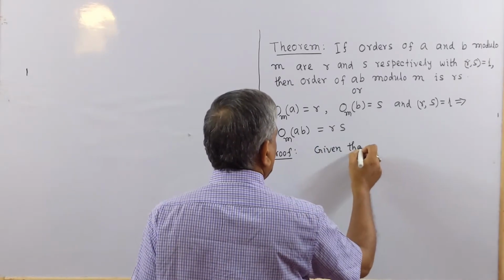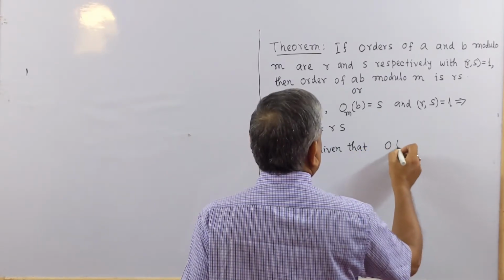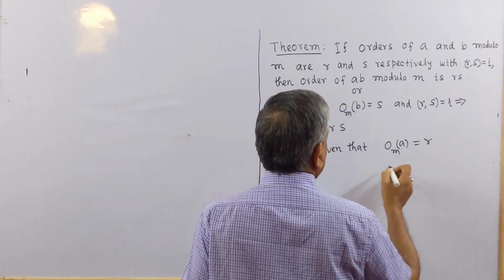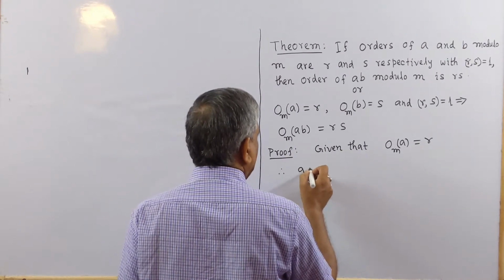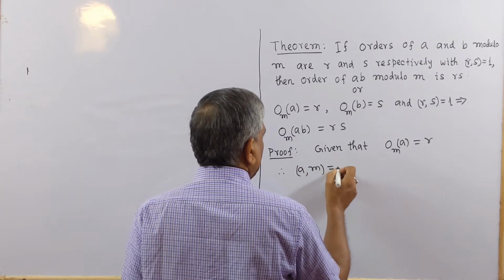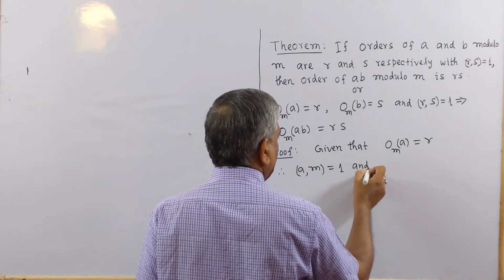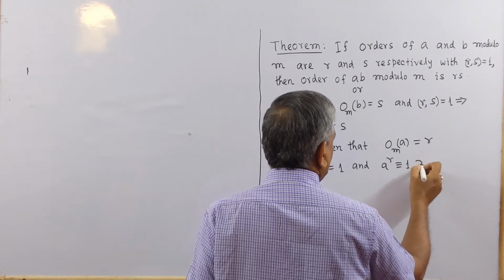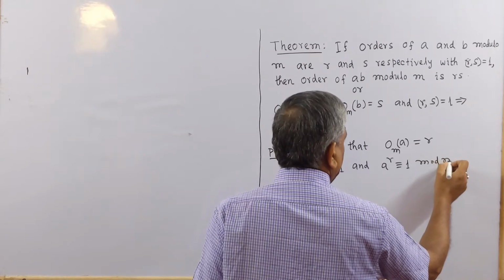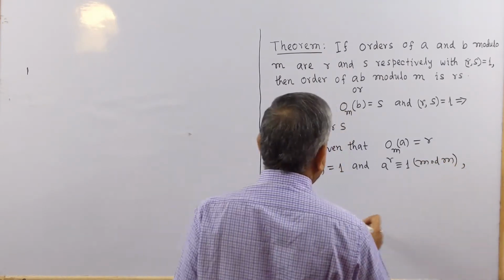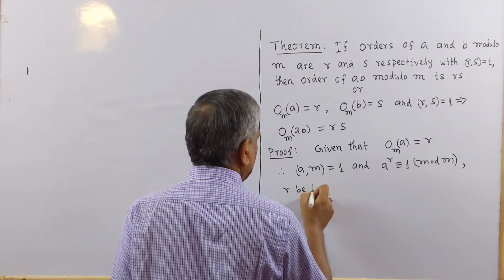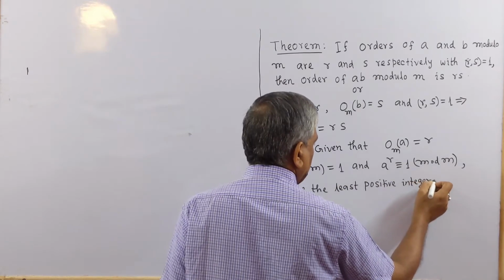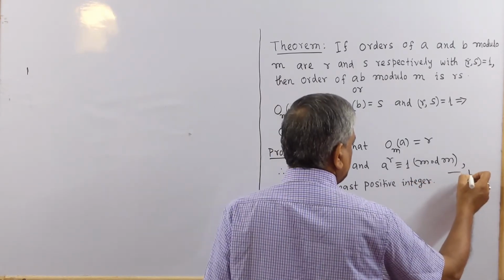Proof. Given that order of a modulo m equal to r, therefore GCD of a and m equal to 1 and a to the power r is congruent to 1 modulo m, where r is the least positive integer. Let this be number 1.